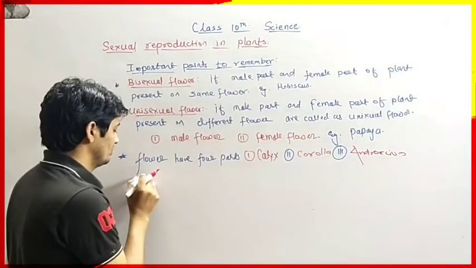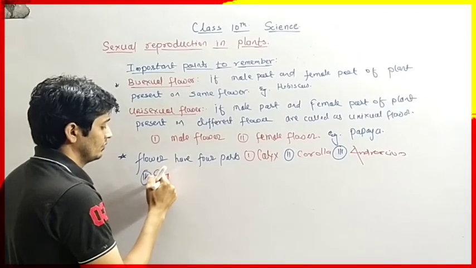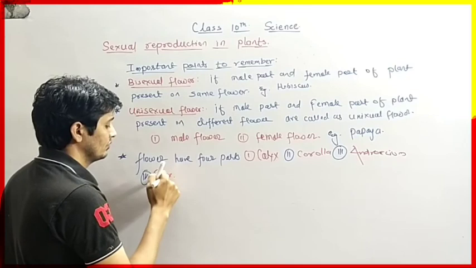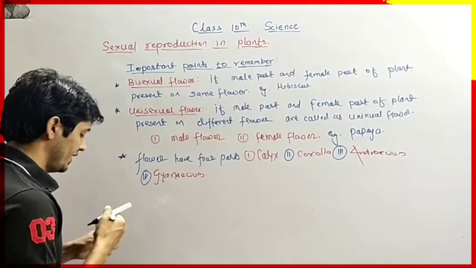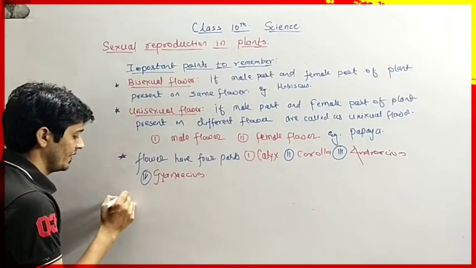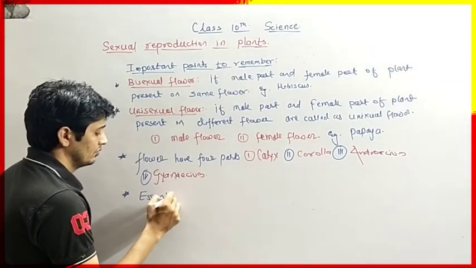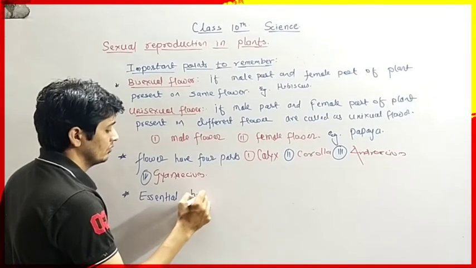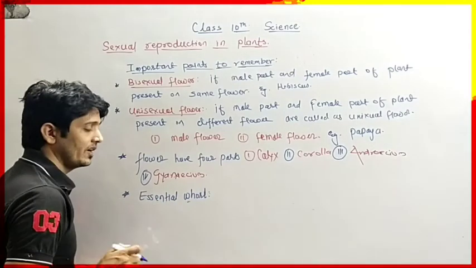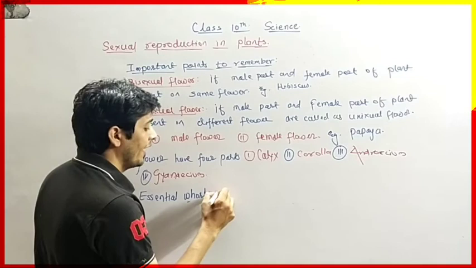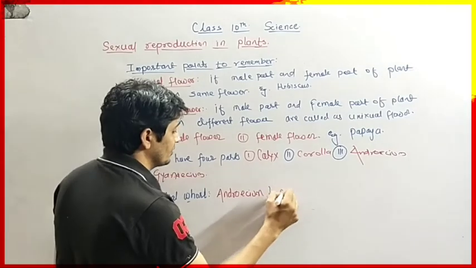And number 4 is gynoecium. Next we will discuss the essential whorls. Whorl is nothing but a part. Okay, so essential means important parts of the flower, which are androecium and gynoecium.